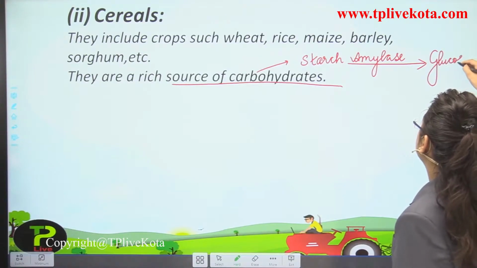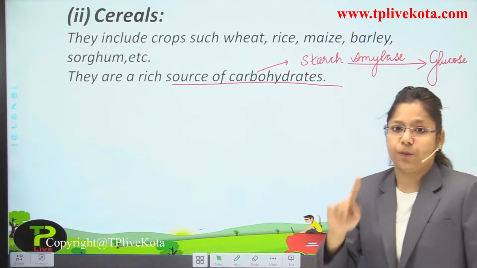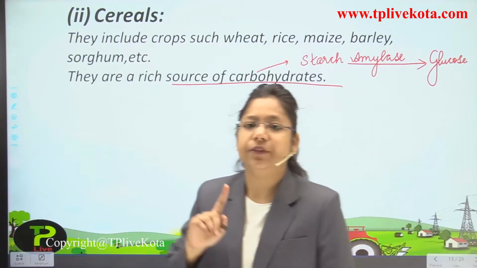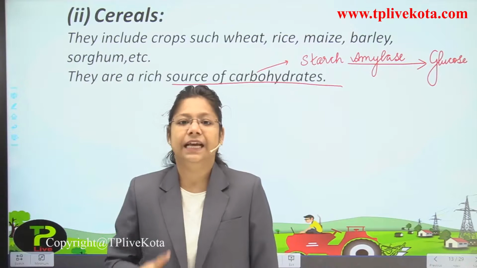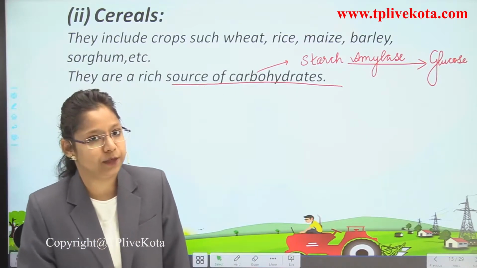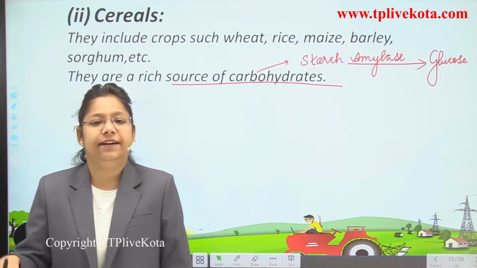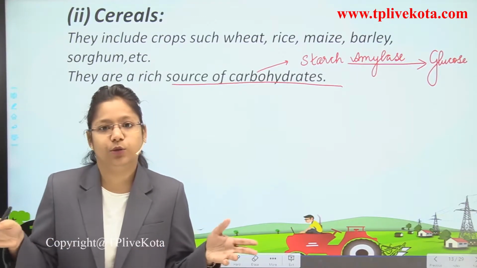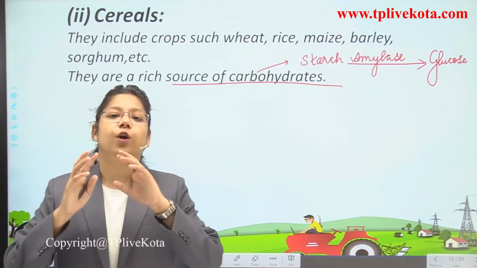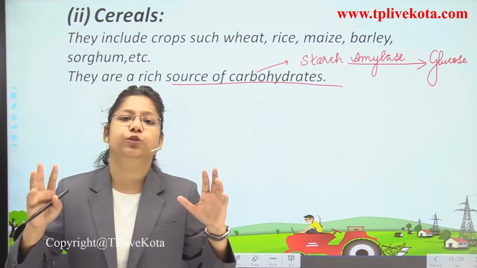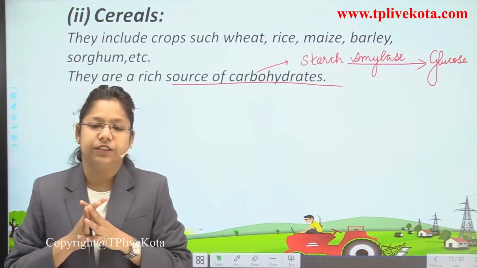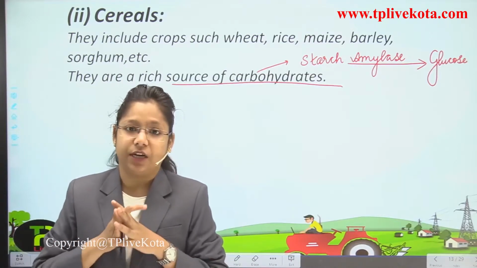So you should eat a balanced diet properly, because if the carbohydrates are less, then the starch volume will also be less, and less glucose will be supplied to your body, and you will feel dull. You will not be able to do any kind of work. So if you want to do everything energetically, then you should eat the proper amount of food which is required for your body to function properly.